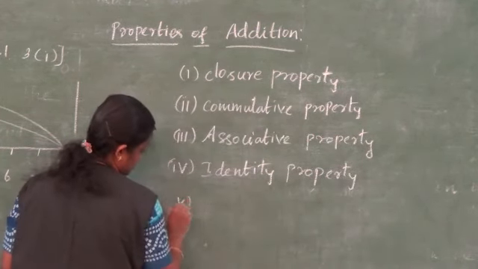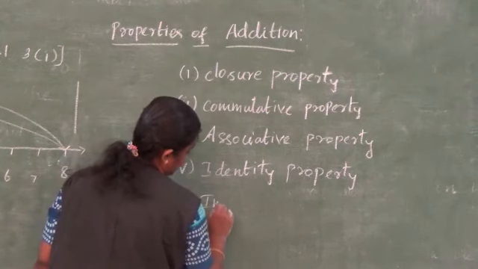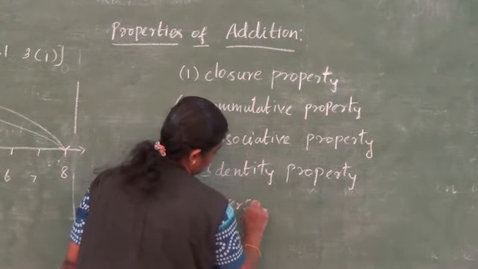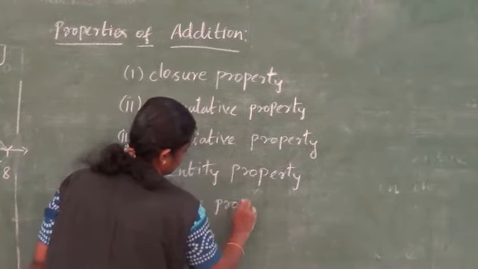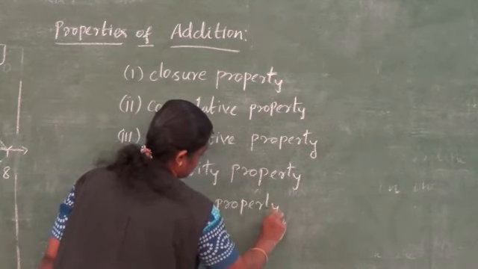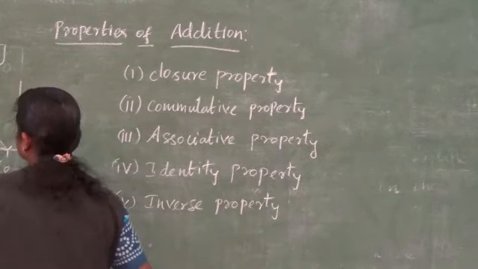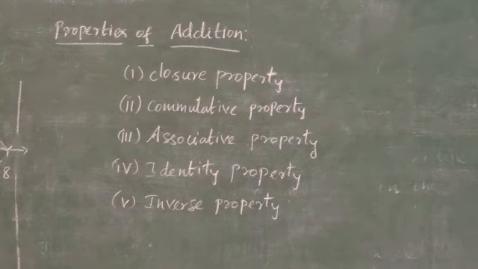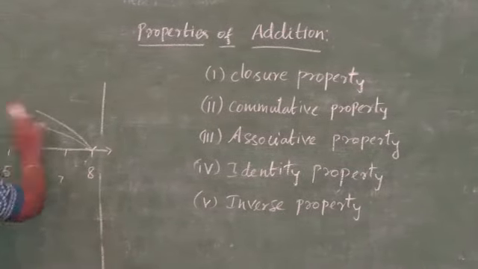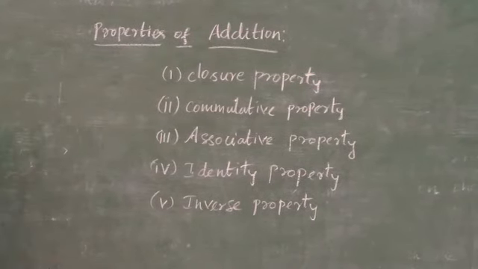The fifth one is inverse property. Now, I am going to explain these properties by using some examples.